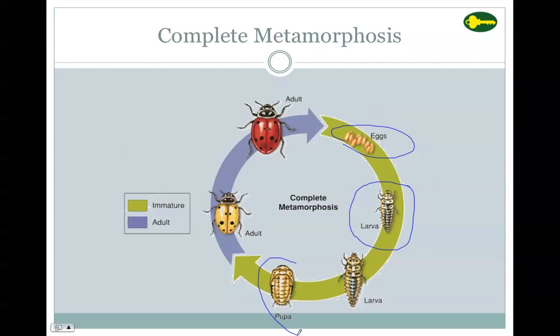They become a pupa, which is the last stage of the immature part of their metamorphosis. This is where they're going to have their final molt. So they've been molting, and this is going to be their final molt before their adult stage, and then they move on to be an adult. So it looks like 2 different organisms, right?